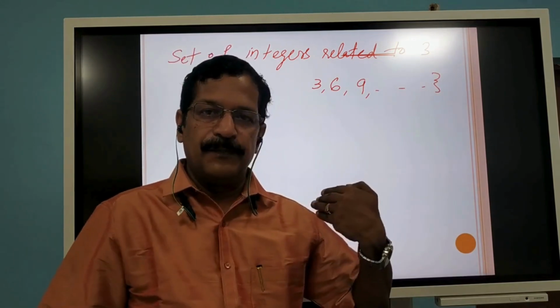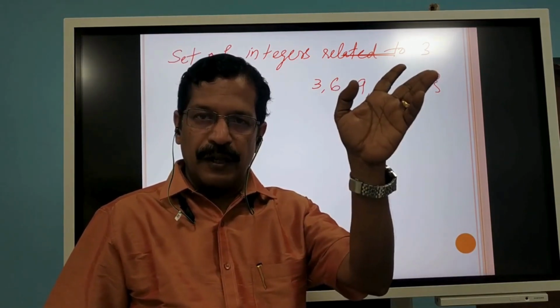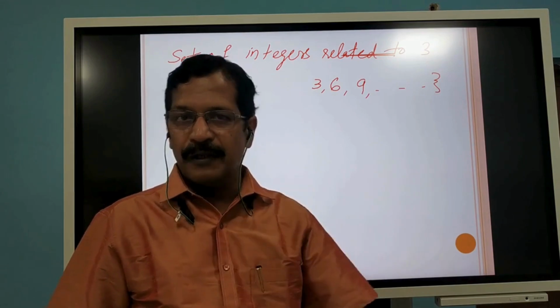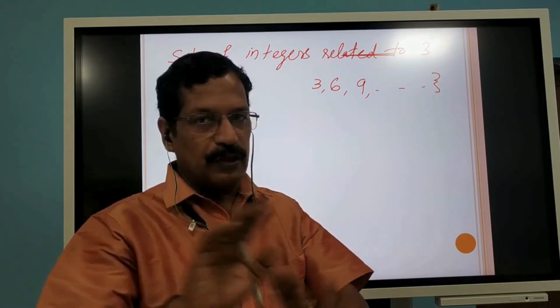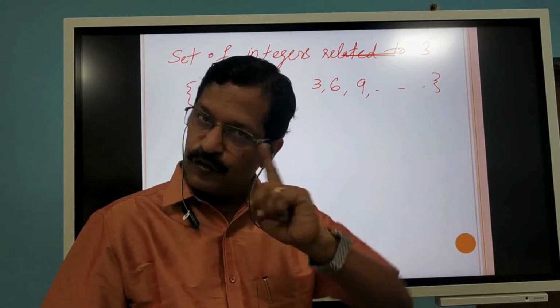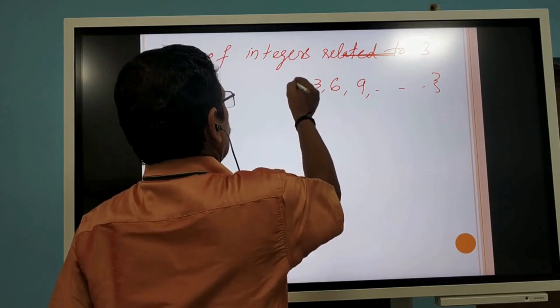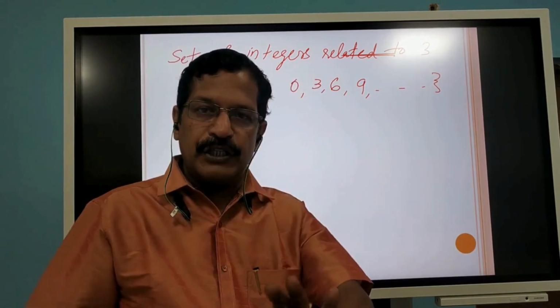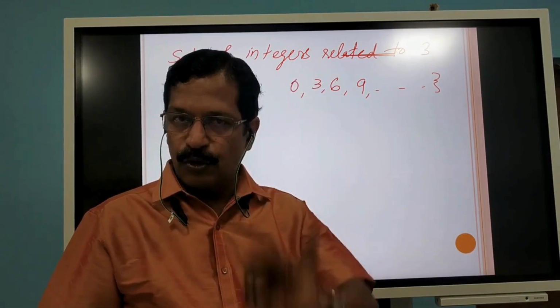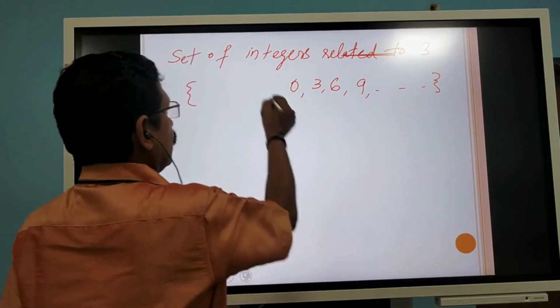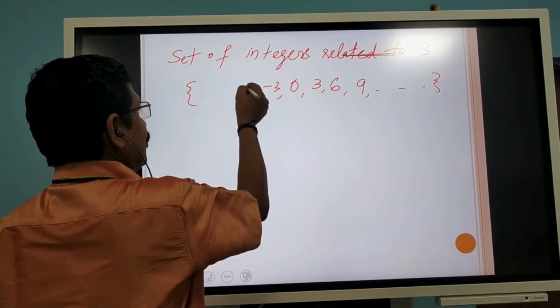Now the left side of 3. 2 not related to 3. 1 not related to 3 because 1 minus 3 is negative 2 only, not possible. 0 is related to 3 because 0 minus 3 is negative 3, so 0 possible. Negative 1 not possible, negative 2 not possible, negative 3 is possible. So negative 3, negative 6.